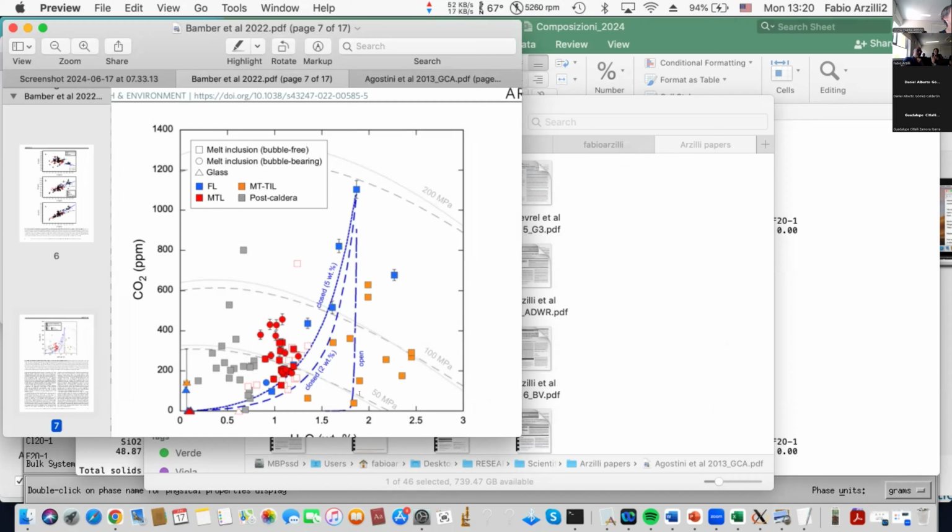And then if we decrease the amount of water, it will increase the amount of CO2 that can be dissolved into the system. And of course there is a partition coefficient between the two. So what we are trying to do is to understand the maximum amount of CO2 that can enter in this.